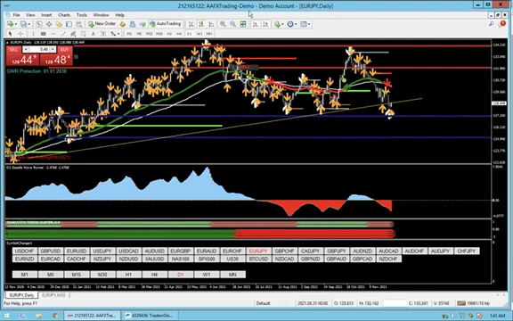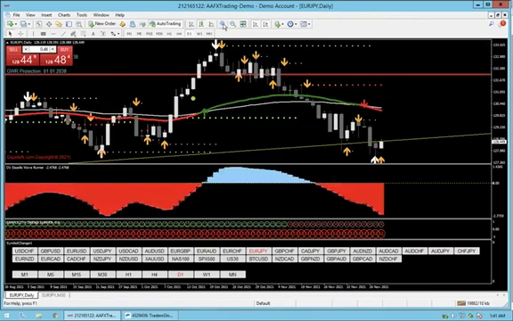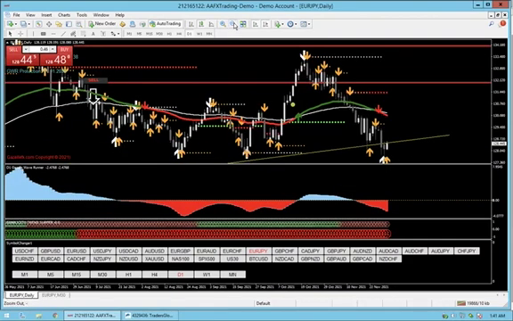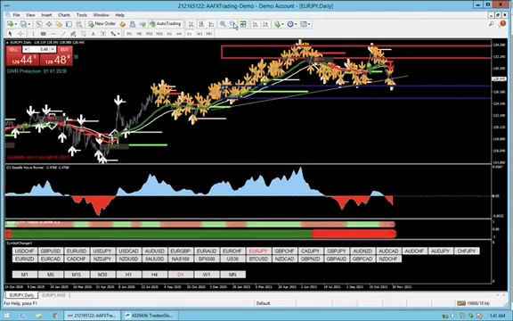And the system is telling us that, hey, this is about to reverse. Now it may go up here and retest and then keep going back down. I don't know, but right now everything within me says that this is still a bullish trend.